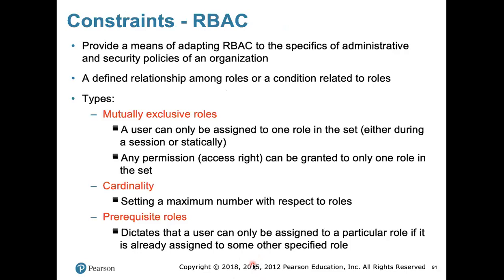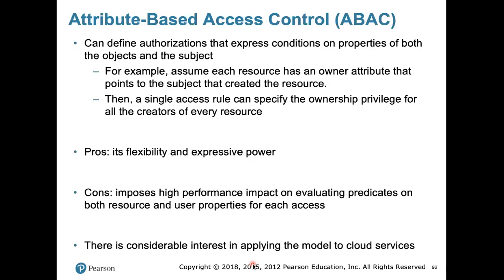So these are all constraints that can be applied to make role-based access control more flexible and more appealing to be applied to big organizations with multiple departments and multiple roles.